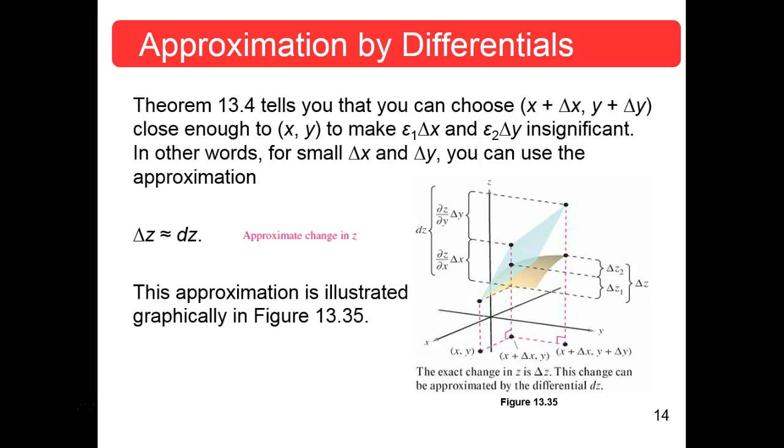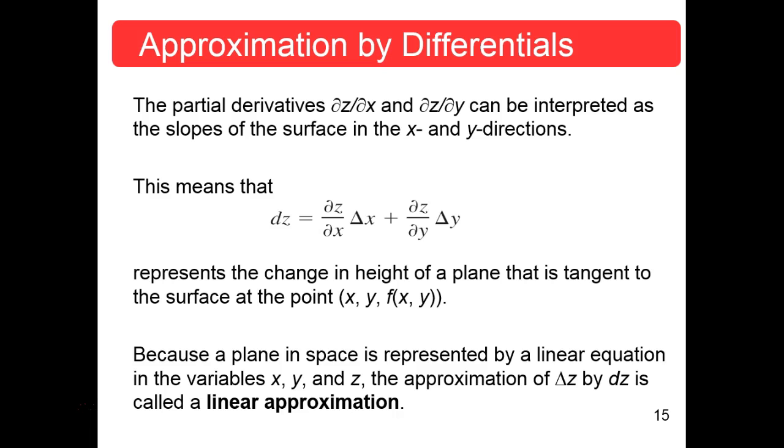Okay. Now, so the partial derivatives are those slopes. That means that dz, now they're calling that dz, is partial of z with respect to x, delta x, plus partial of z with respect to y, delta y. That represents the change in the height of the plane that is tangent to the surface at the point, alpha of xy, because the plane in space is represented by a linear equation in x's and y's and z's.